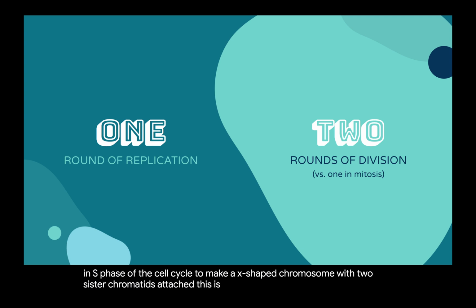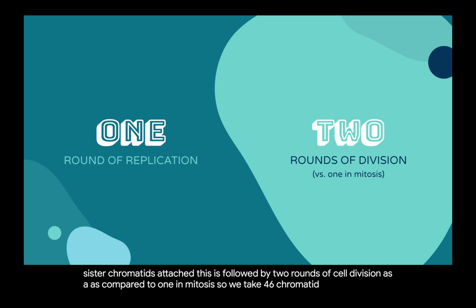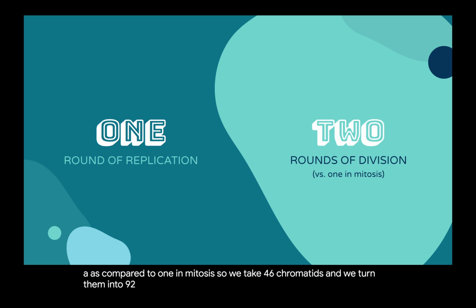This is followed by two rounds of cell division, as compared to one in mitosis. So we take 46 chromatids and we turn them into 92 chromatids that are attached together, and then we separate those twice, resulting in 23. So 46 chromatids to 92 chromatids, back to 46, and then to 23.